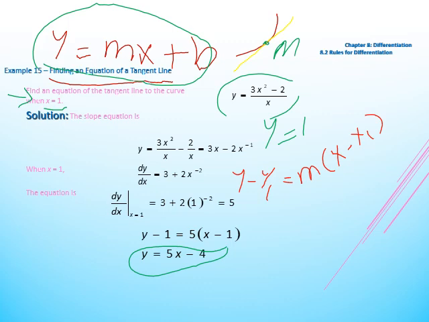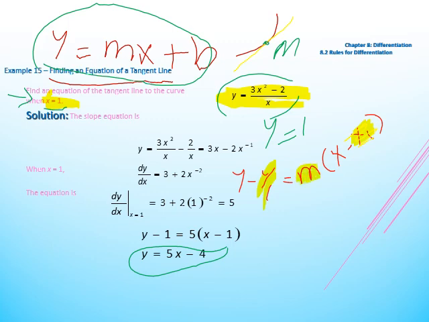According to the example, we have x1 equal to 1, and y1 equal to 1 by substituting in the given function, and we have another unknown, which is m.